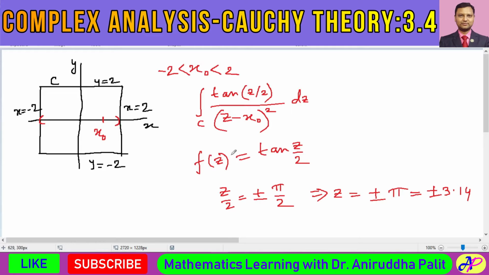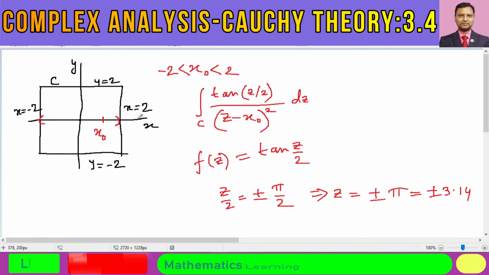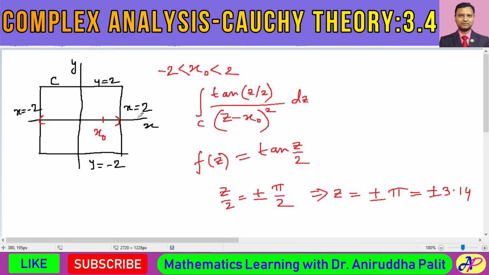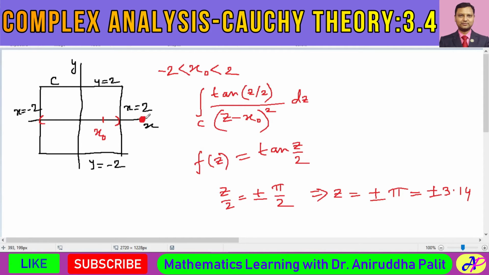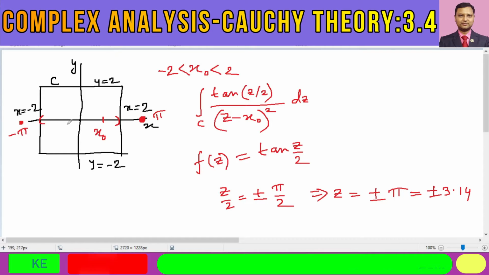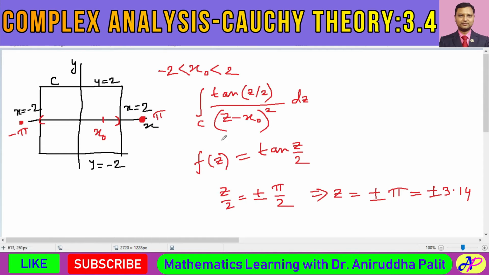So, hopefully, at this point, consider f of z equal to tan of z by 2. Maybe if this is 2 units, this may be 3 units, and this might be the position of plus pi, and over here the position of minus pi.